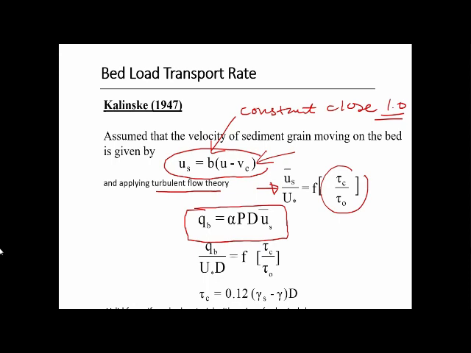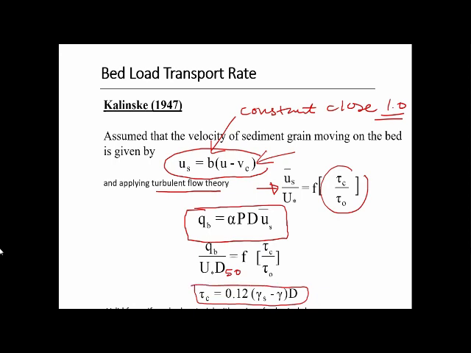So it simplifies so that your QB is now a function of tau C over tau naught, multiplied by shear velocity times the diameter of the particles, d50. So Kalinski uses his own equation to calculate this critical shear stress.